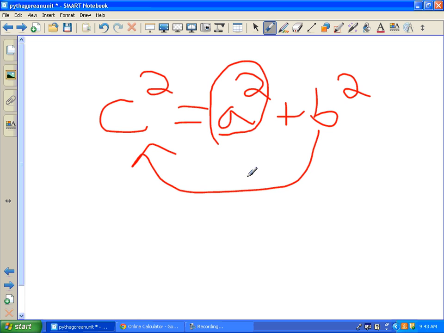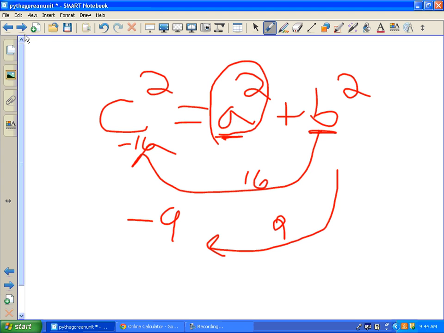So if b squared ends up being 16, when you move it to the other side, it becomes take away 16. If the b squared worked out to be 9, then when you move it over here, it becomes take away 9. Okay, so don't forget to do that when you're not given the leg rather than the hypotenuse.